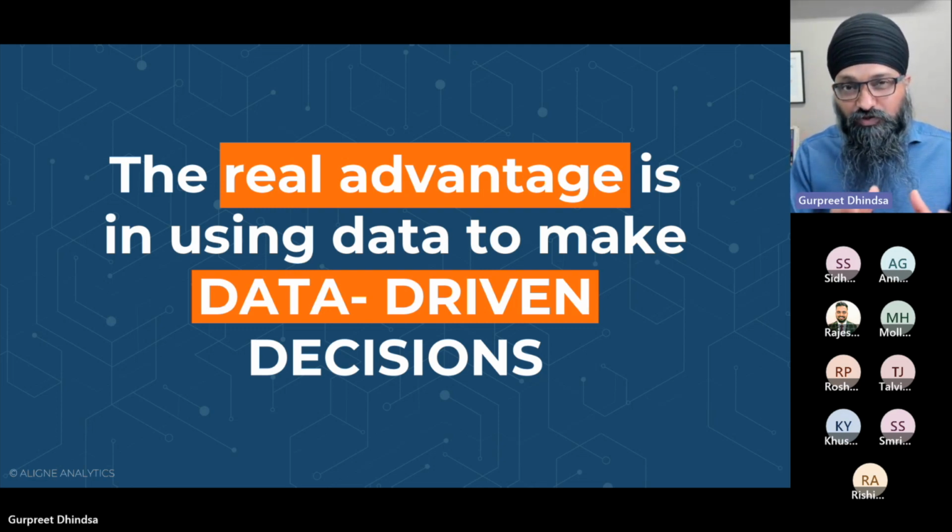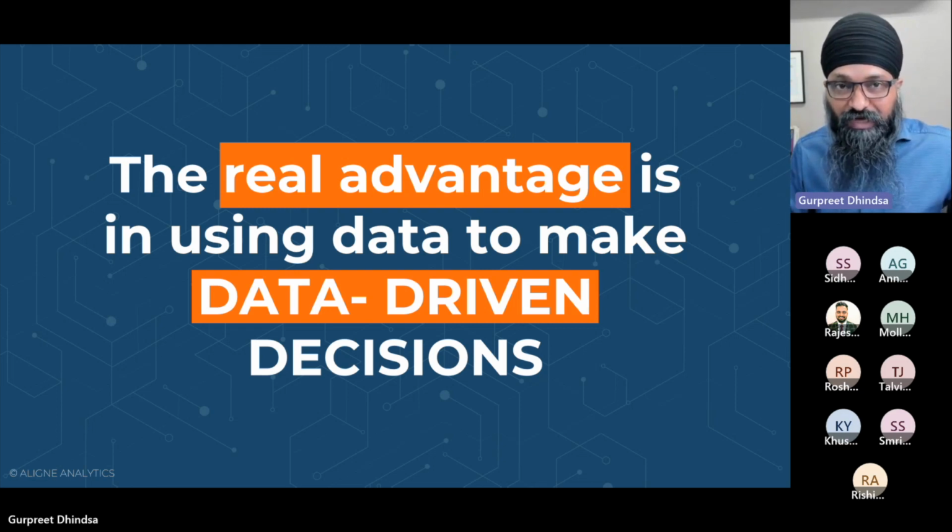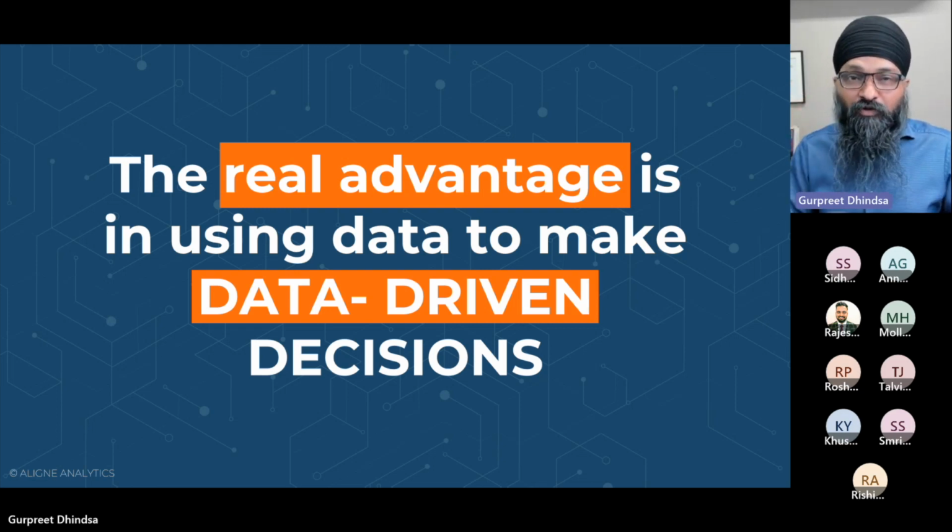This word is used quite often nowadays: data-driven decisions. So what is a data-driven decision? Think of it as, traditionally, if somebody needed to make a decision, they would use their past experience. They might look at some of the data, and then go partly with their gut feeling, and decide, okay, this is the type of strategy we will take to grow our profits.